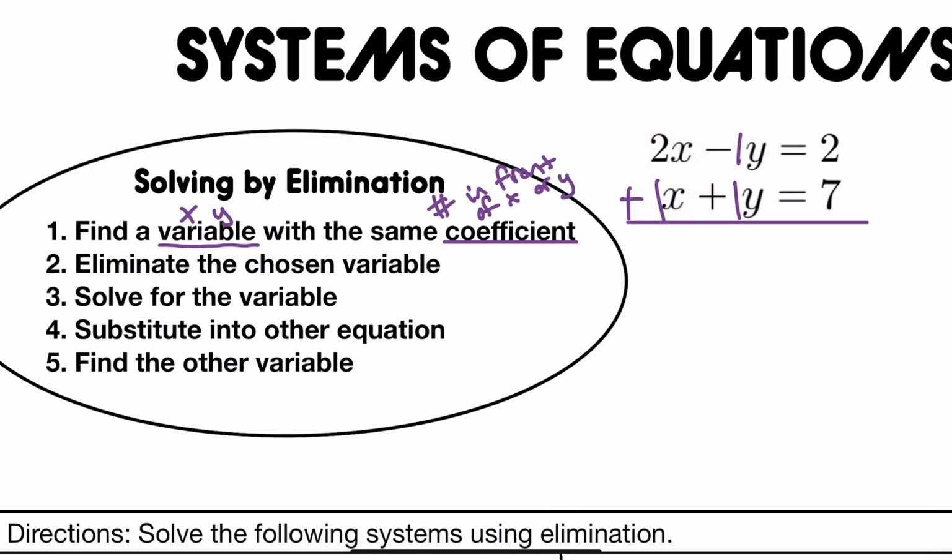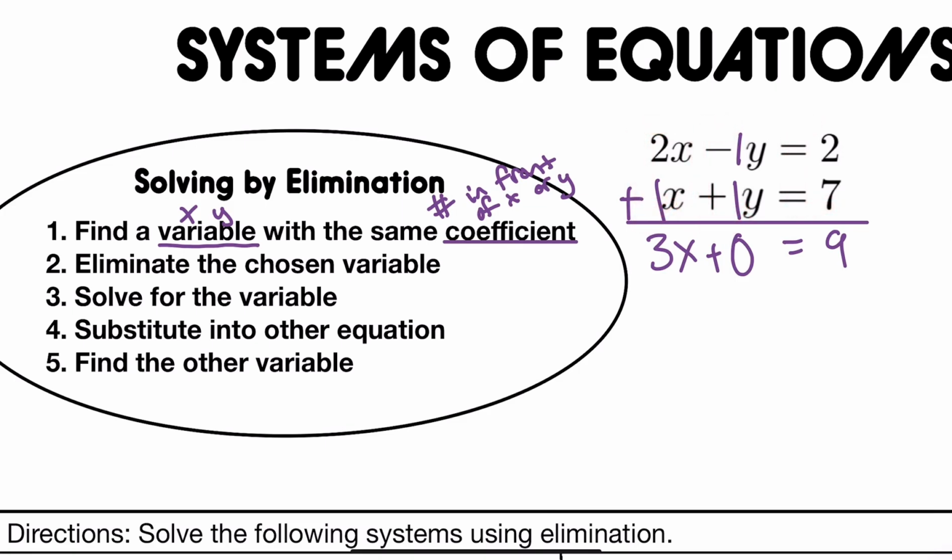That's going to give me 3x. And then we have a -1 plus 1. Well, that's just going to be a 0. And then we have 2 plus 7. That will be 9. So you're literally just adding these two lines together.